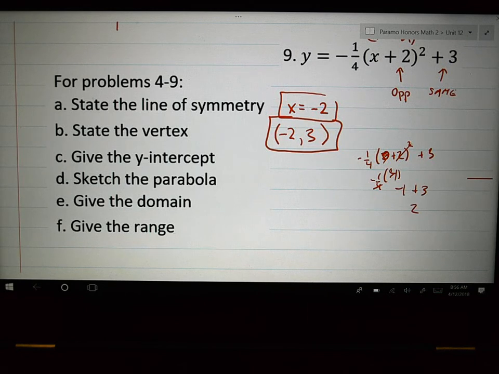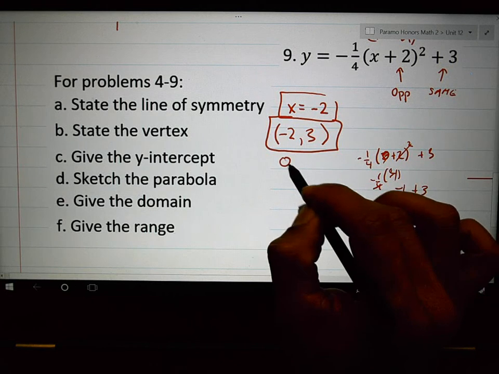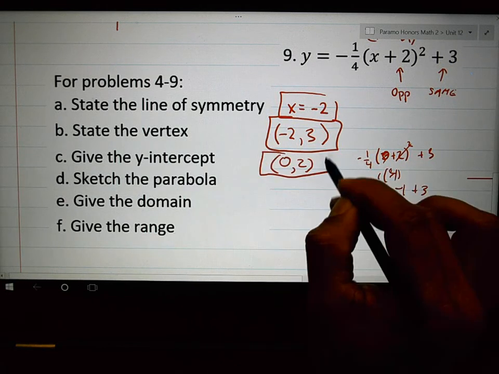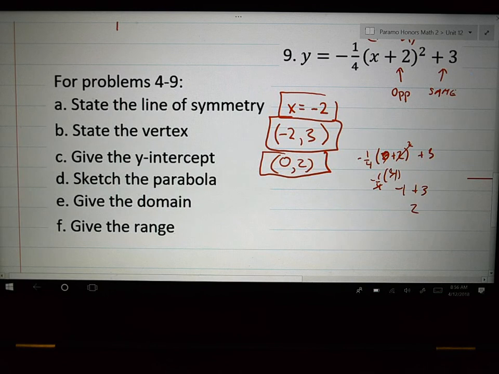Where does it cross the y-axis? At 0, comma 2. Some people will just put 2, but we're going to do it this way. It's more specific, and because we're being more specific, we can always adjust the other way. I'd rather you know the more detailed version than the shorter way.